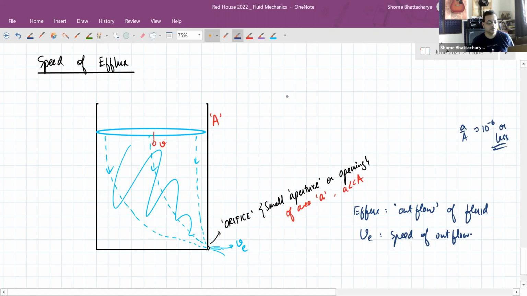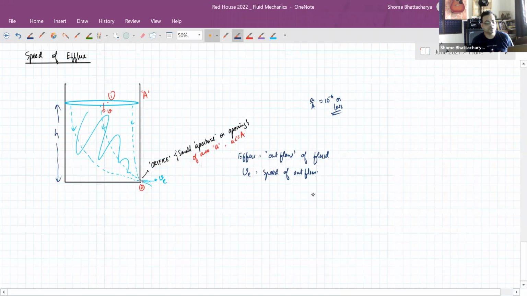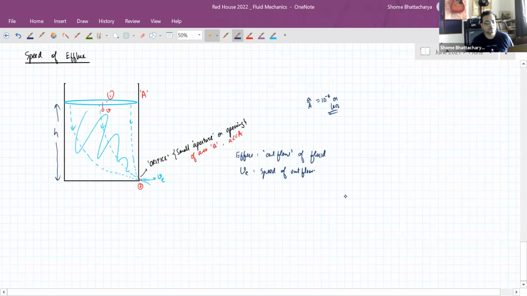Okay. So now what we do is we take a point over here as our first point and a point just outside the orifice as our second point. And we apply Bernoulli's equation and the continuity equation simultaneously. So taking these 2 points, you can see the pressure at the first point will be equal to the pressure at the second point, atmospheric pressure, because one is on an open surface, two is just outside the tank.